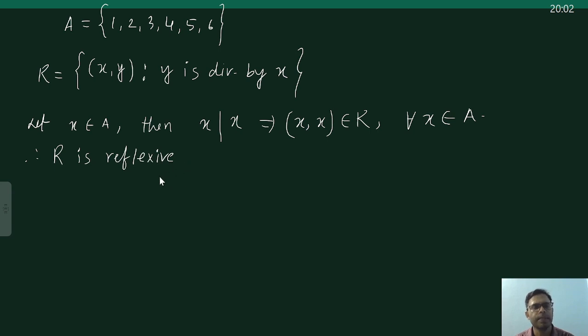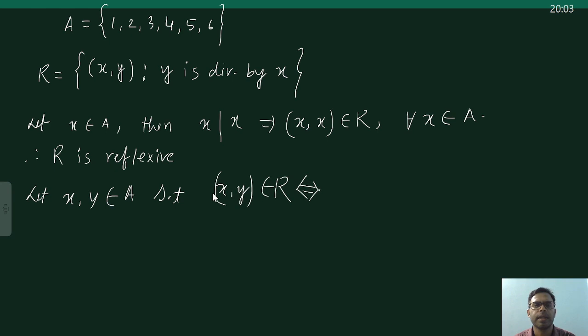Now the symmetric part. This time you take two elements. Let x, y belong to the set A such that the ordered pair (x, y) belongs to the relation R. This means y is divisible by x, so in symbols x divides y.